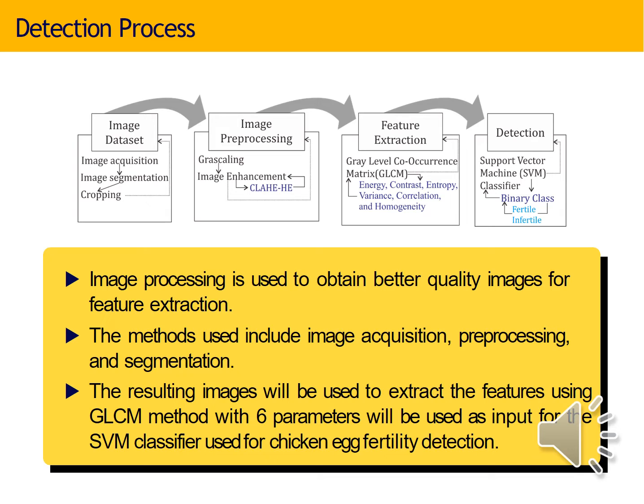The method includes image acquisition, pre-processing, and segmentation, and the last is the result. The resulting image will be used to extract features using the GLCM method, with 6 parameters used as input for the SVM classifier for chicken egg fertility detection.